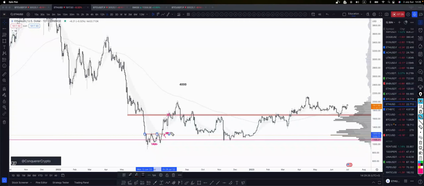You buy more there. Buy more there. Again, take some profits there. When it flips, buy more there. Take some profits on the next, sorry, on the next resistance. Right?